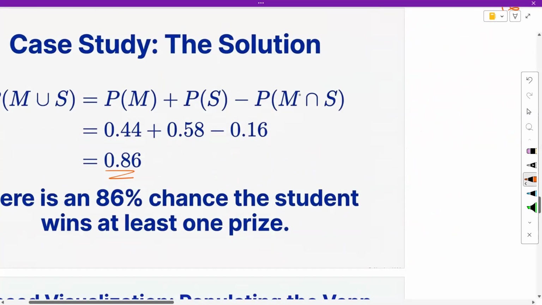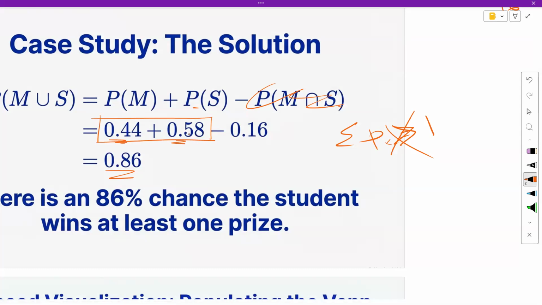If you fail to deduct this part, what happens? You can realize it's wrong. You know that the probability cannot be more than 1. Probability of maths is 0.44, probability of statistics is 0.58.